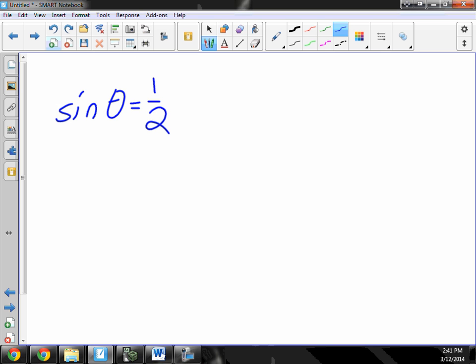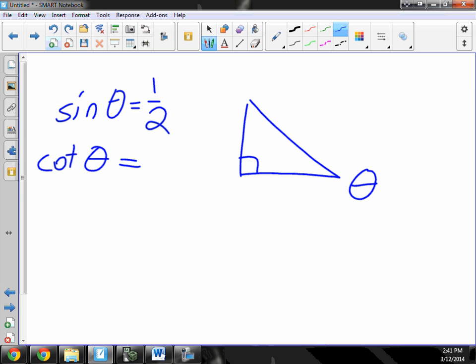It's okay. So if I told you that the sine of theta is 1/2, what does the cotangent of theta equal? How would you do that? It's actually really easy. So we draw a triangle. We label theta. Opposite side is 1. Hypotenuse is 2. How do we find the third side?